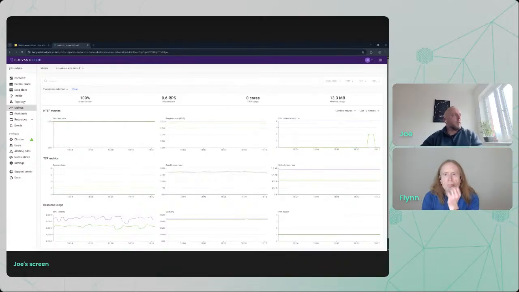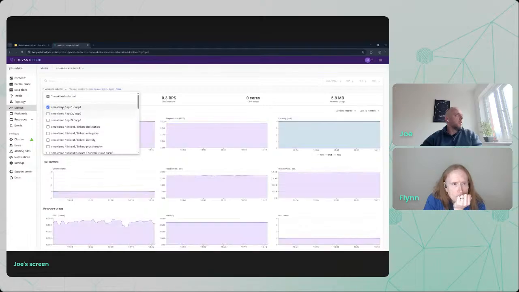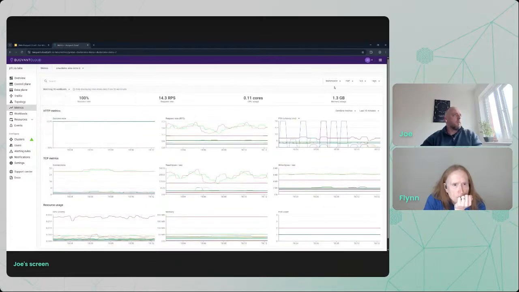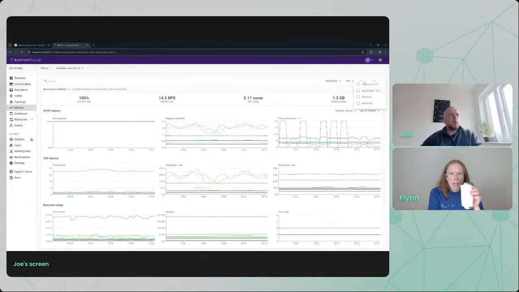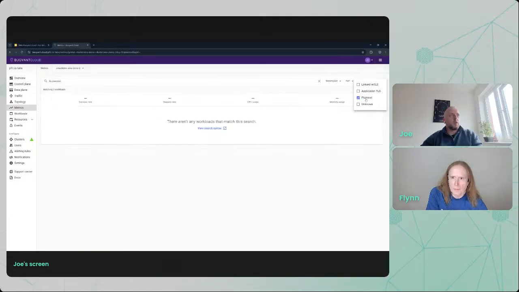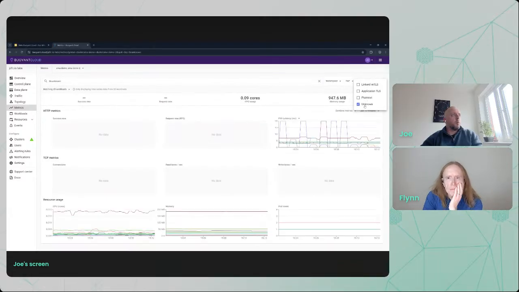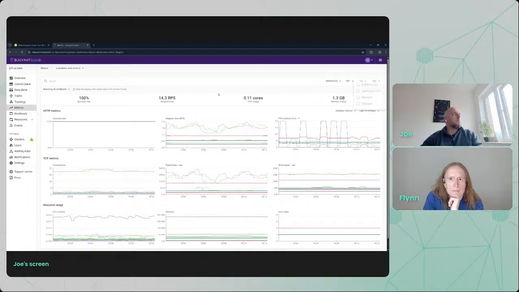And again, there are a few more filters over here from namespace to port, those plain text and unknown connections that we've got, and what the resource usage is on those.